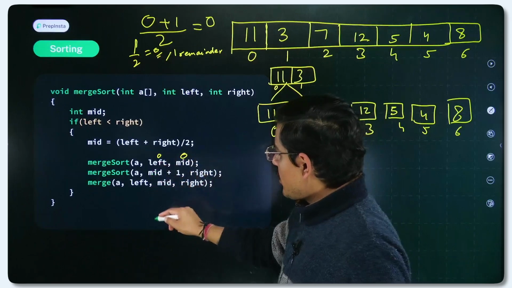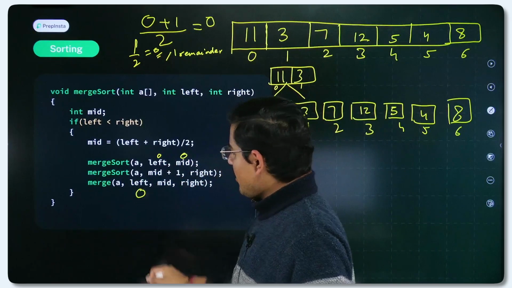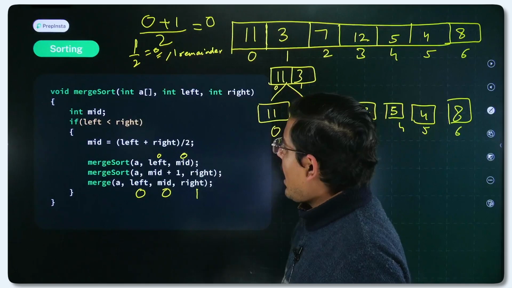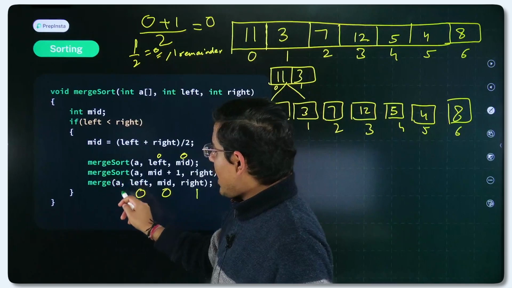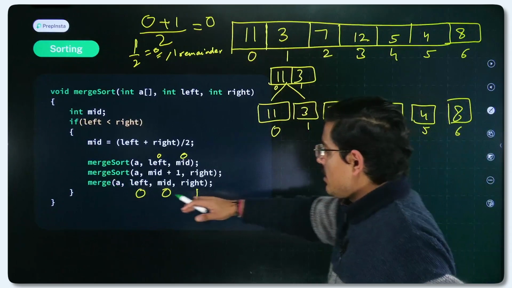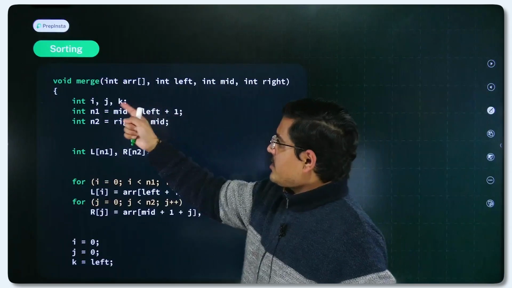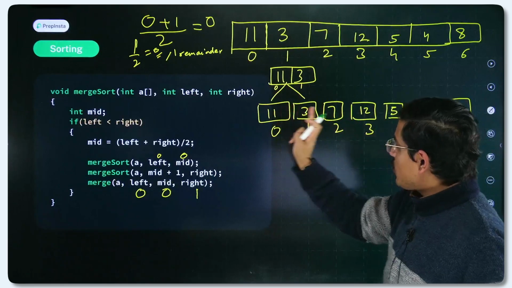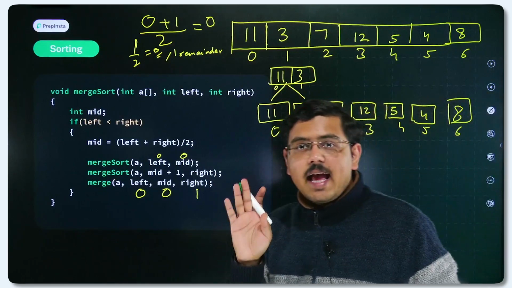So when I merge it, what will happen? 0 would be the left, mid would again be 0 and right would be 1. Let's assume the array we are passing is still A. Now what happens when we implement this merge function? This is the place where merge is happening, and consider each of these elements as a separate array now.